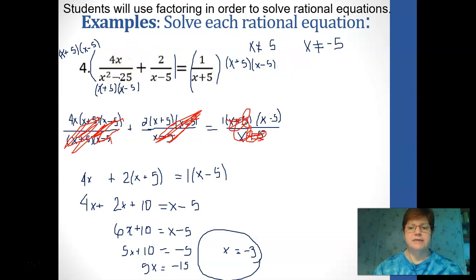Okay, so I've got 4x, which is negative 12, and then 9 minus 25 is negative 16, so I have negative 12 divided by negative 16 plus 2 divided by negative 3 minus 5 is negative 8, and that equals 1/2, and negative 3 plus 5 is 2. Beautiful. Works out. Okay?